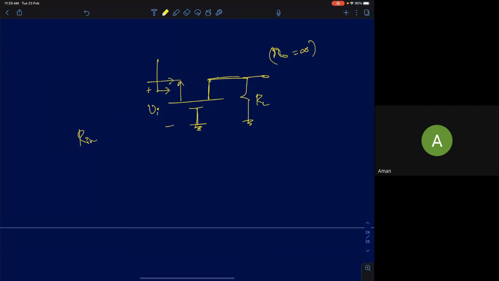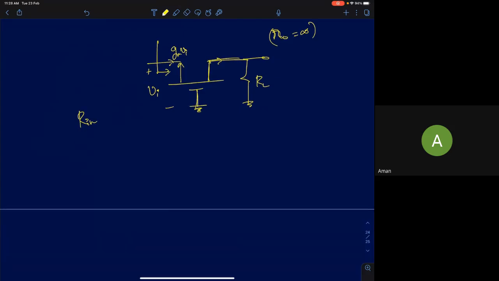So can you picture the current gm VGS, gm Vi, flowing from source to drain? A current of value gm Vi flowing from source to drain. So the input voltage is Vi divided by the input current, which is gm times Vi. So what is the input resistance? 1 by gm. That's it. It is 1 by gm.